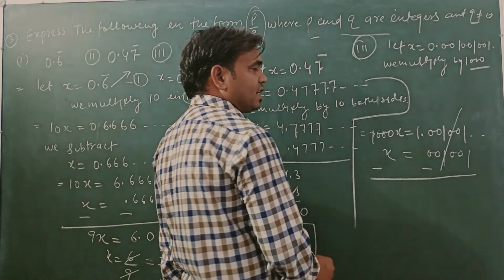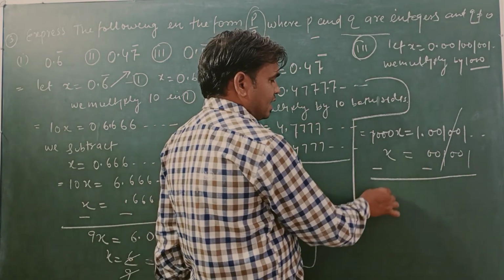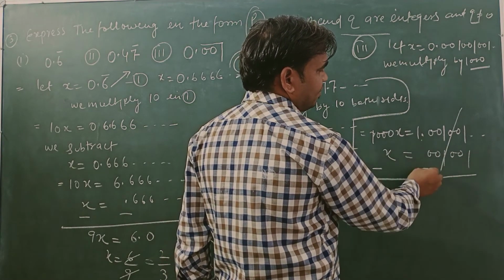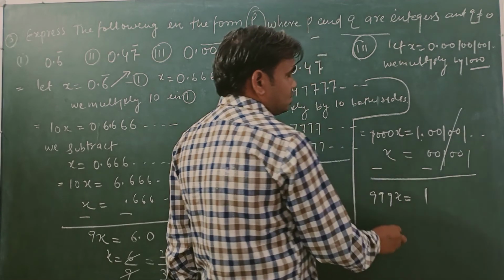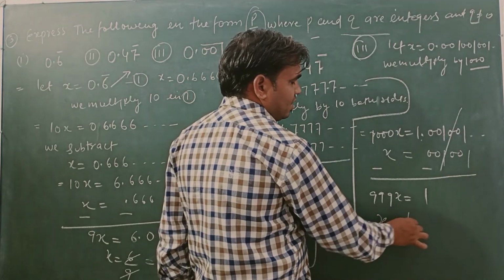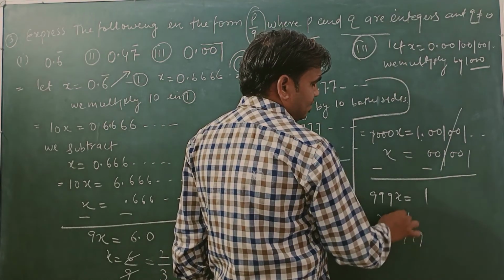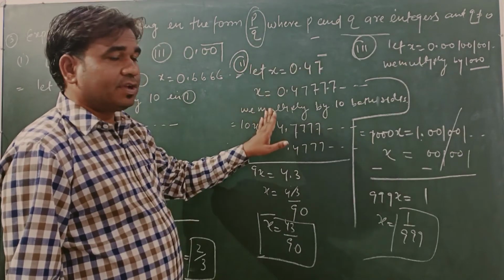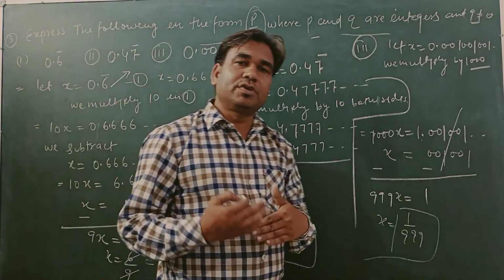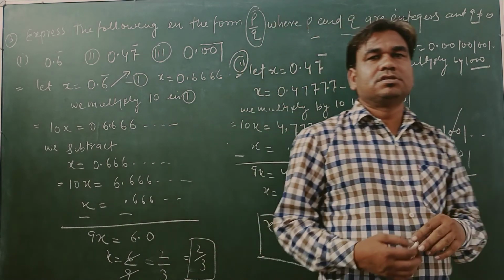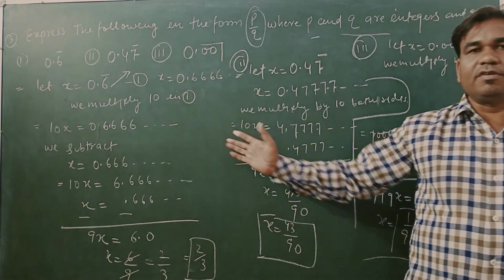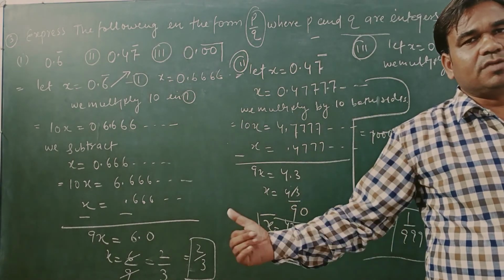After we subtract, we get 999x equal to 1. So we can write x equal to 1 over 999, which is already in the form of p over q. In this same way you can do question number 4, and the rest of the parts given in question number 3.